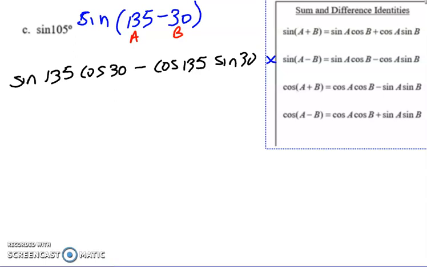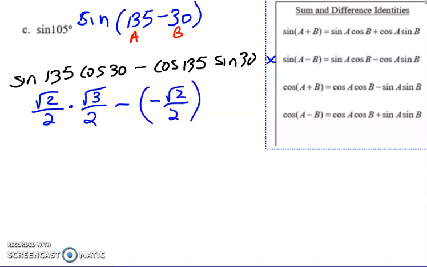So sine of 135, again being in quadrant 2, you know it's going to be positive, is going to be the square root of 2 over 2. The cosine of 30 is going to be the square root of 3 over 2, minus the cosine of 135. And that is cosine in quadrant 2, so it's going to be negative square root of 2 over 2. And the sine of 30 is going to be 1/2. We'll multiply that out again.